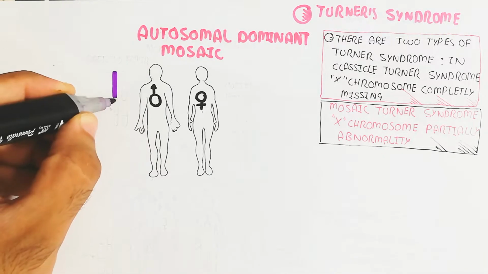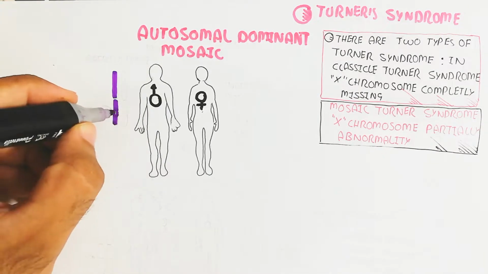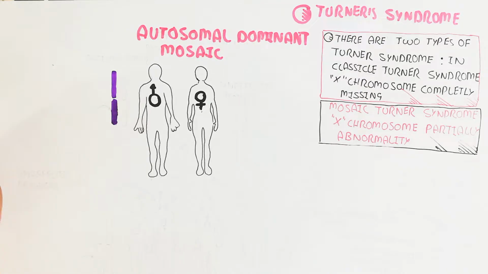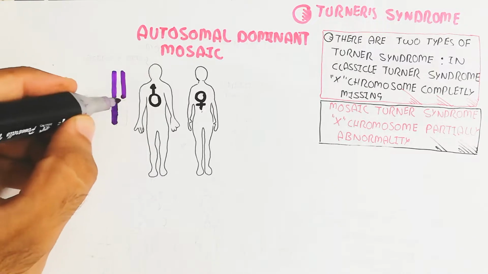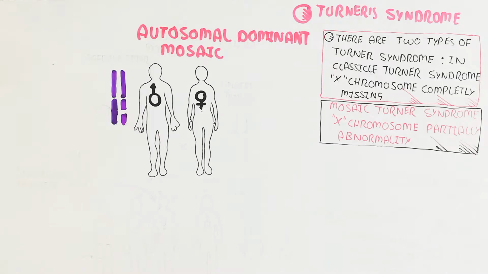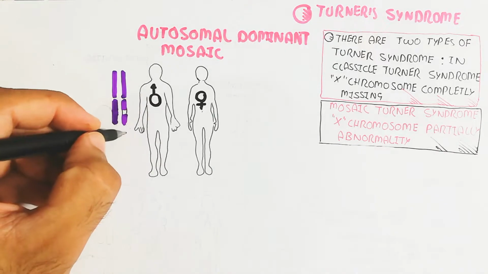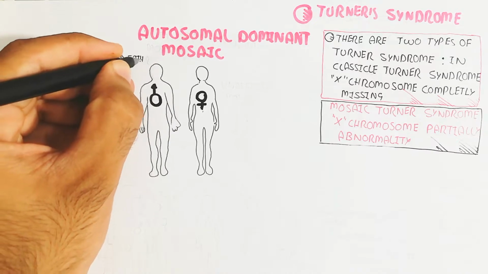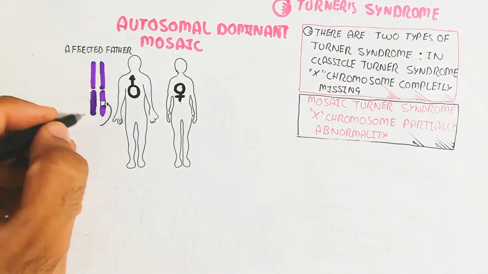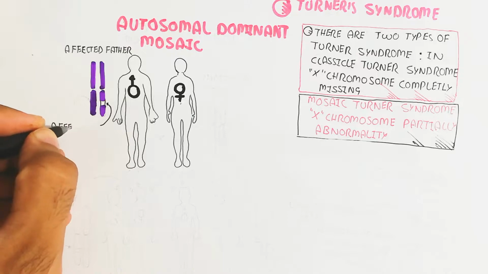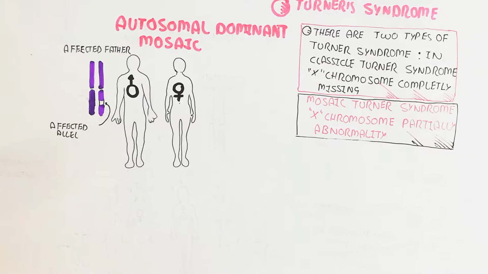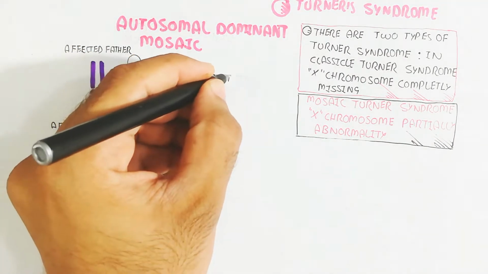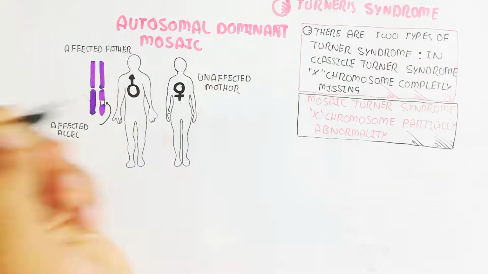The affected father has the affected alleles present on the X chromosome while the Y chromosome is normal. So the affected X chromosome will go into their offspring, and the unaffected female contains a normal pair of X chromosomes, that is the sex chromosomes, because females contain two X chromosomes while males contain X and Y chromosomes.